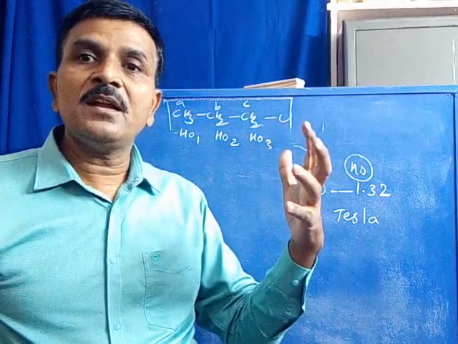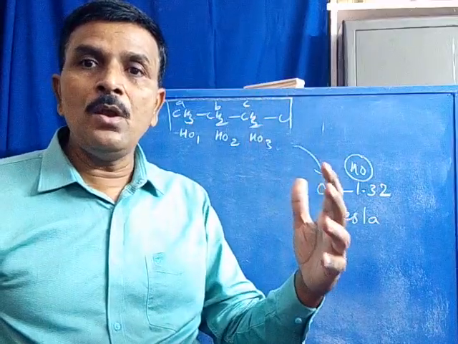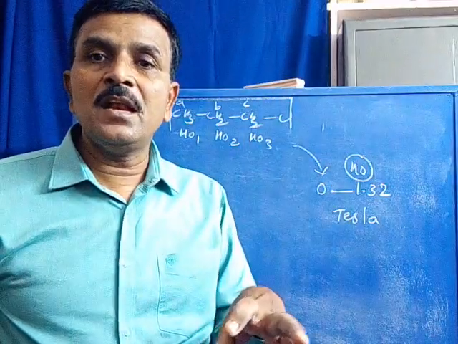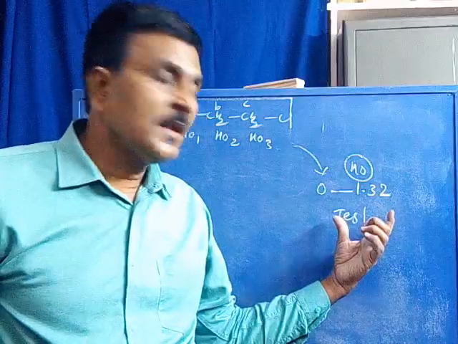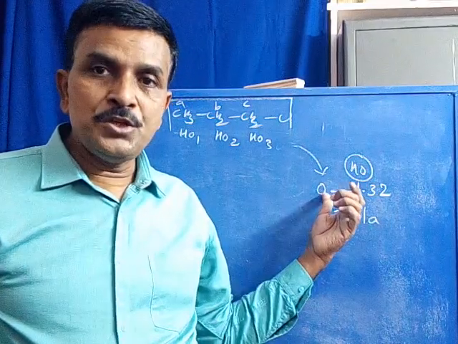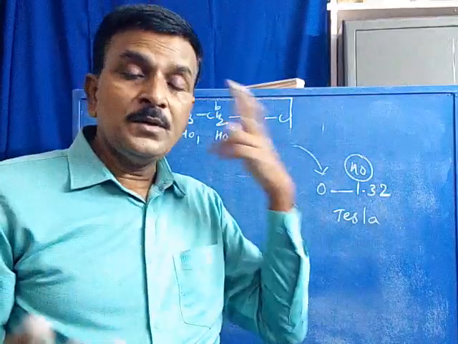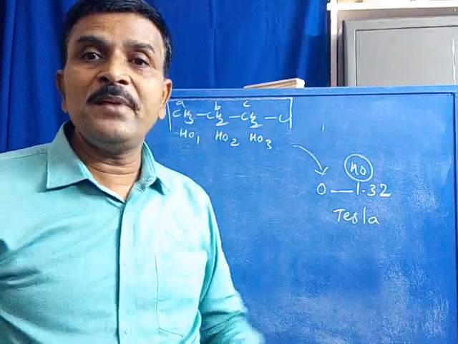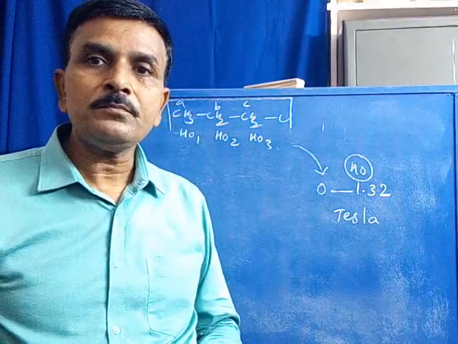However, every set of protons of a molecule consumes the external magnetic field from the range to which the molecule is exposed, 0.0 to 1.32. Just now I told you it depends upon the instrument available.